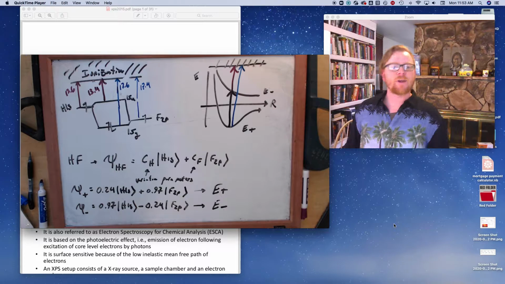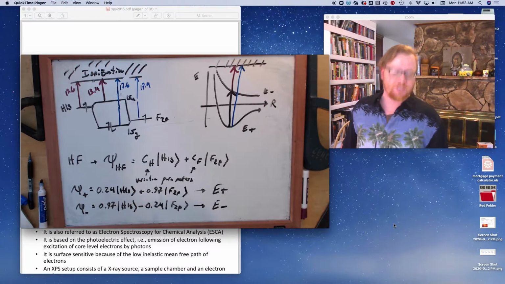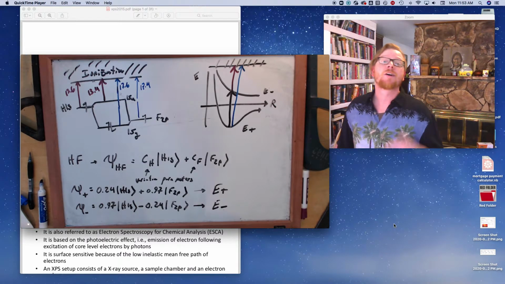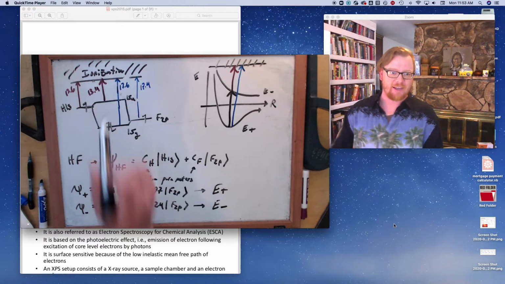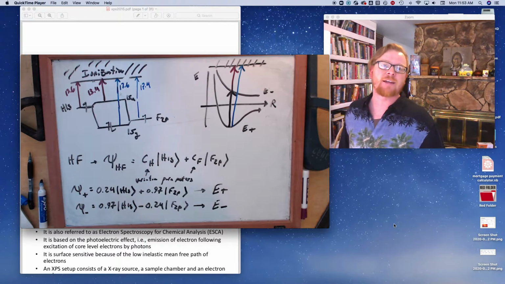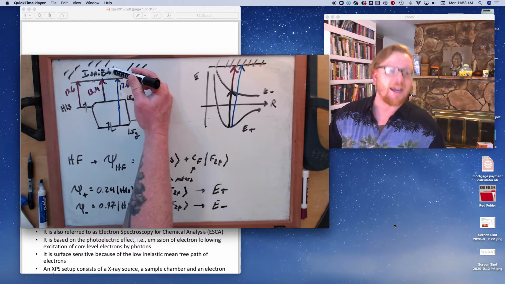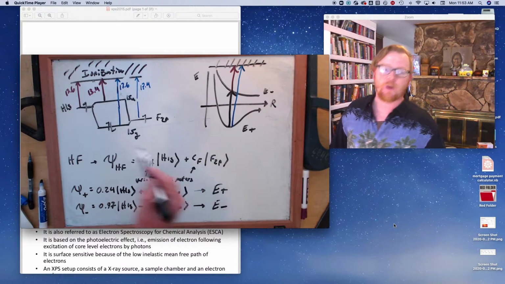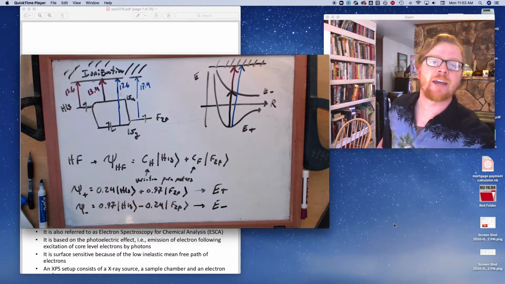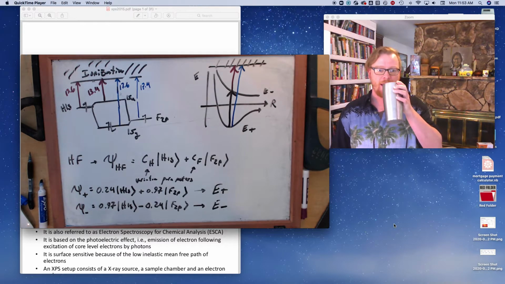And at this point, I think this is a really good time to transition into talking about photoelectron spectroscopy, because in photoelectron spectroscopy, what you're doing is exactly this. You're shining a really energetic light source onto a molecule, and you're ionizing an electron. And so that's how we're also able to confirm the structure and energy of these molecules and atoms.